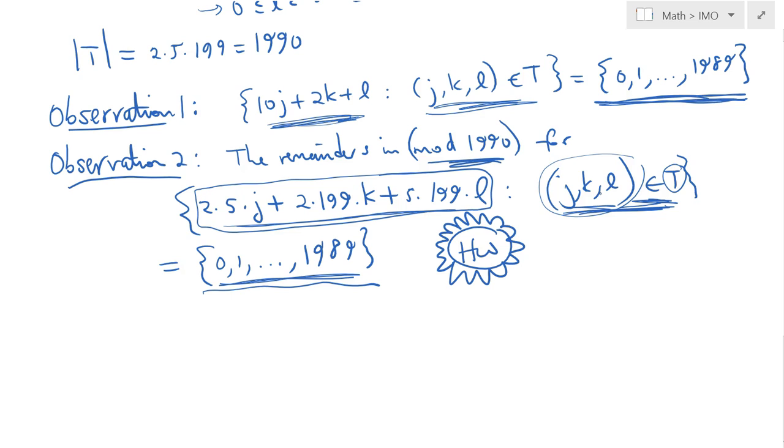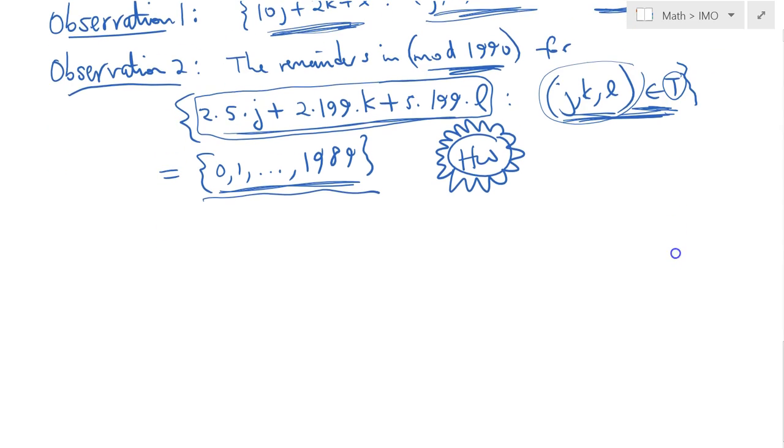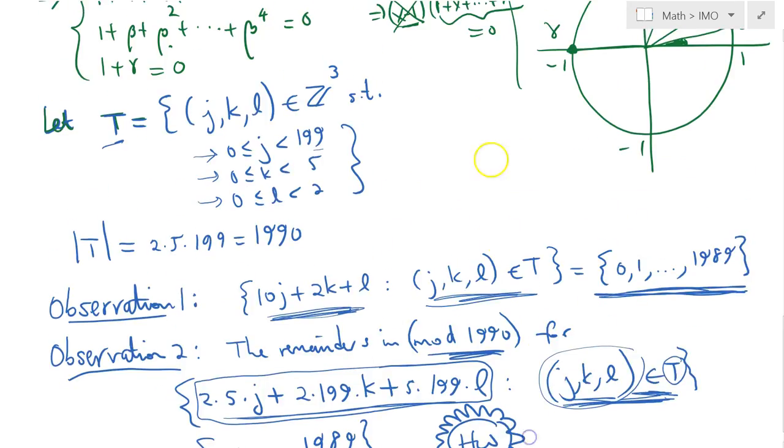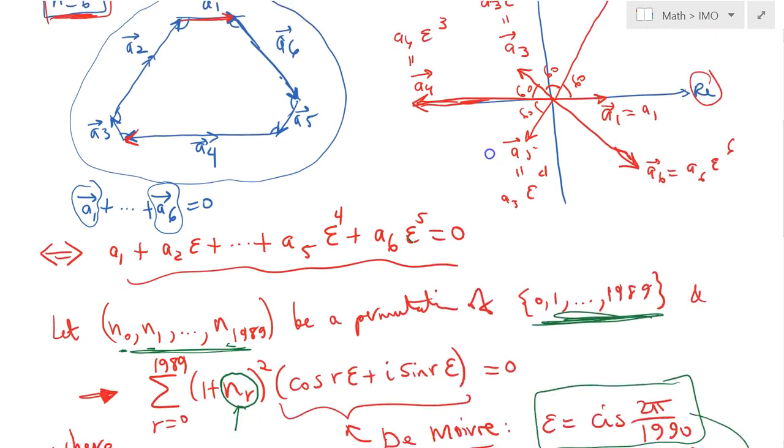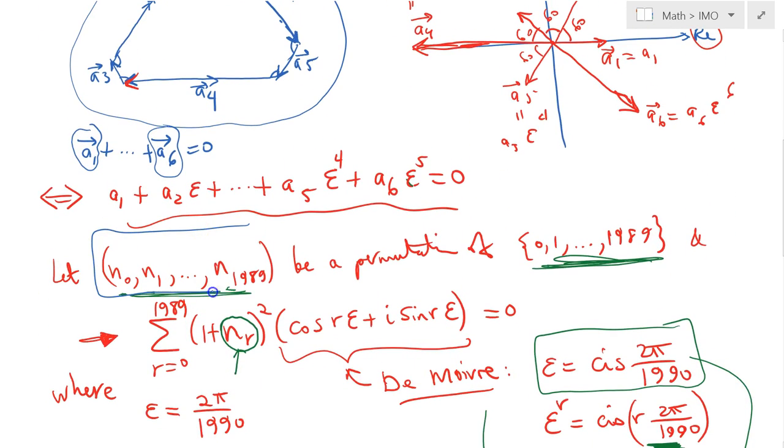So it's not too hard to show that this is also equal. But then this gives us enough information to now construct this set that we have been struggling to do for a long time now.